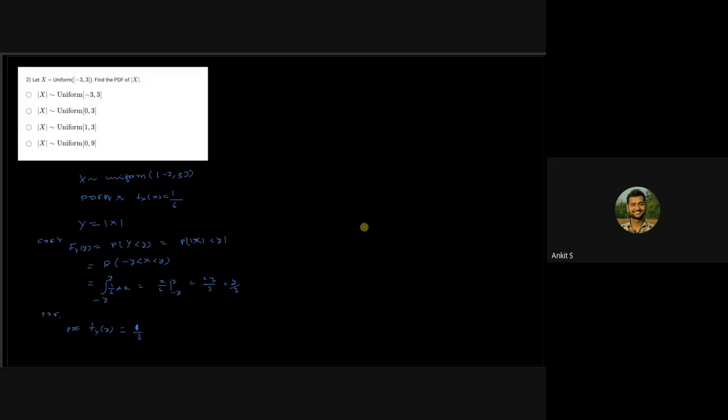Now we will see one very simple question from week 5. We have a random variable x which is uniform in the range -3 to 3, and we have to find the PDF of mod of x. You must know the graph for mod of x. It is this.